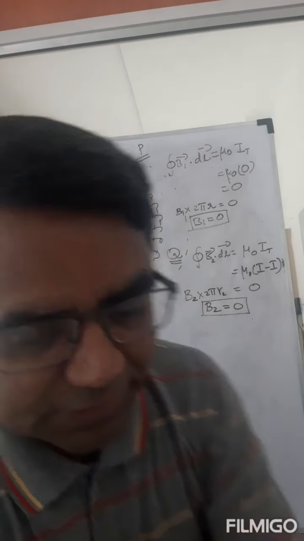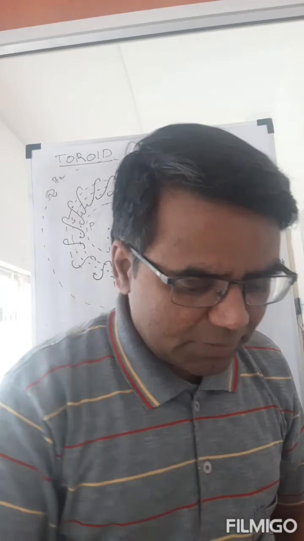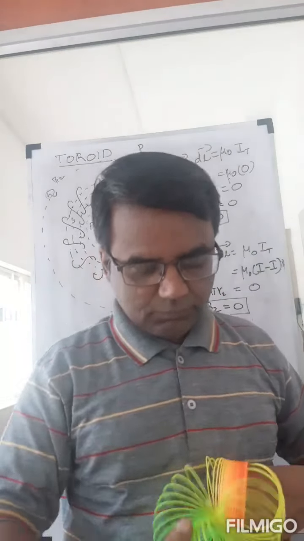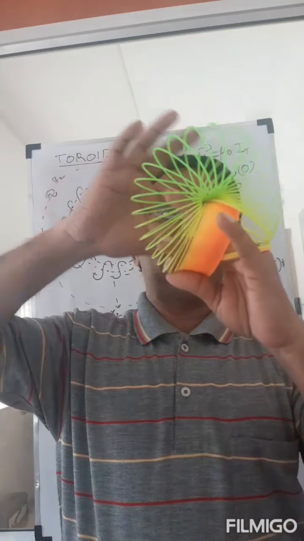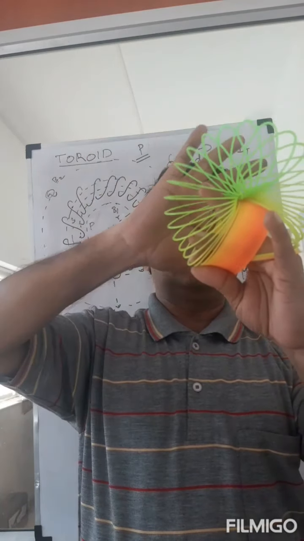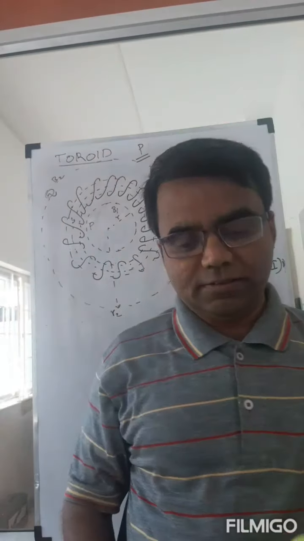So this surface is somewhere in between. So this is a toroid. This surface ends somewhere here. So it's like that. It doesn't come out, but it is inside this toroid.